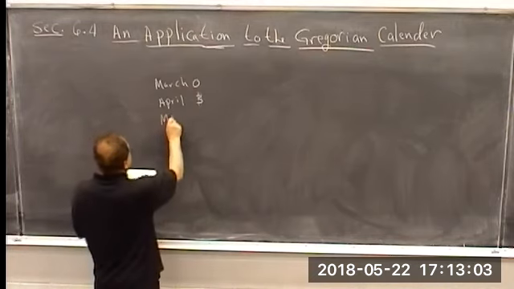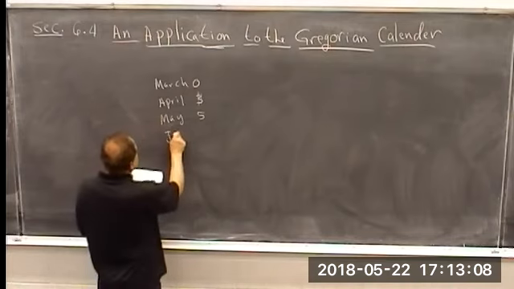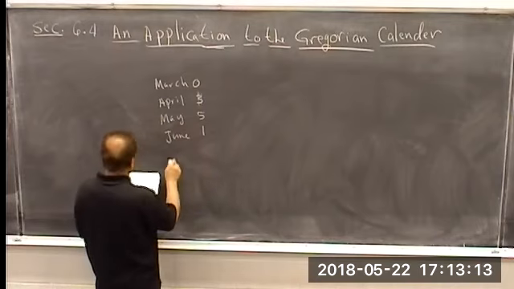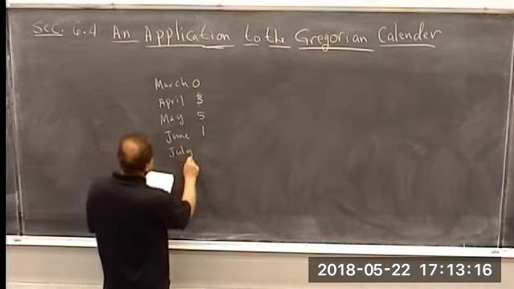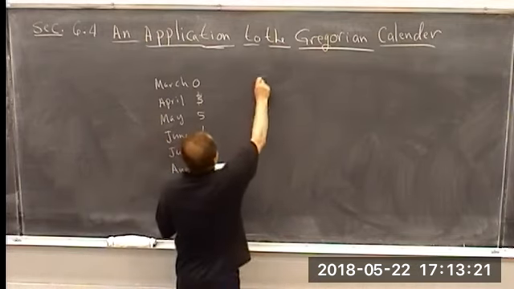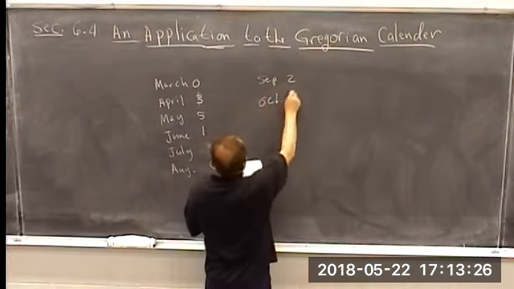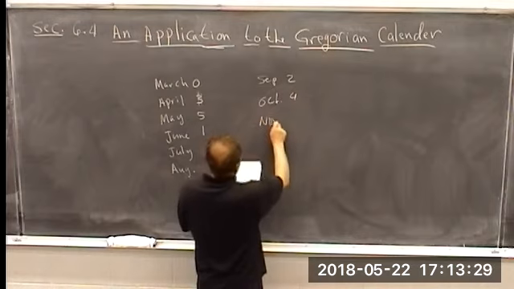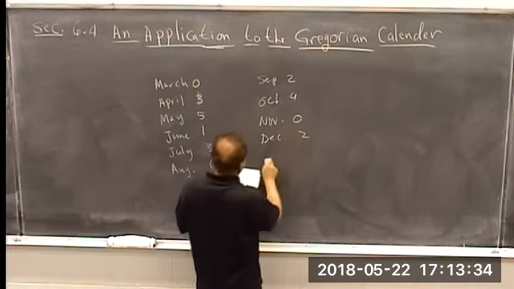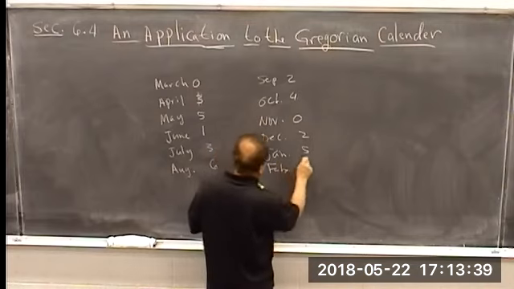Then May, 5, another 2 days; June, 1, reducing mod 7; July, 3; August, 6; September, 2; October, 4; November, 0; December, 2; January, 5; and February, 1.